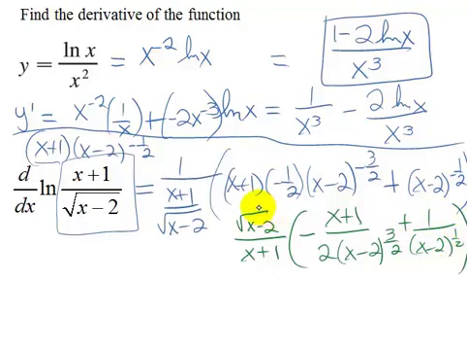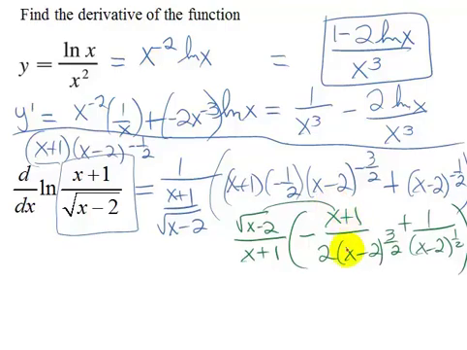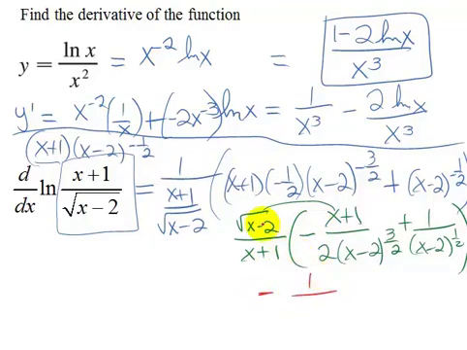Now let's go ahead and distribute this through, and when we multiply this to this first one, our x plus 1's will cancel, and I'm going to have negative 1 over, if I bring this down, this is x minus 2 to the 1/2 down in the denominator would be minus 1/2, and so that would combine here. 3/2 minus 1/2 is 2/2 or 1, so that would just leave x minus 2.